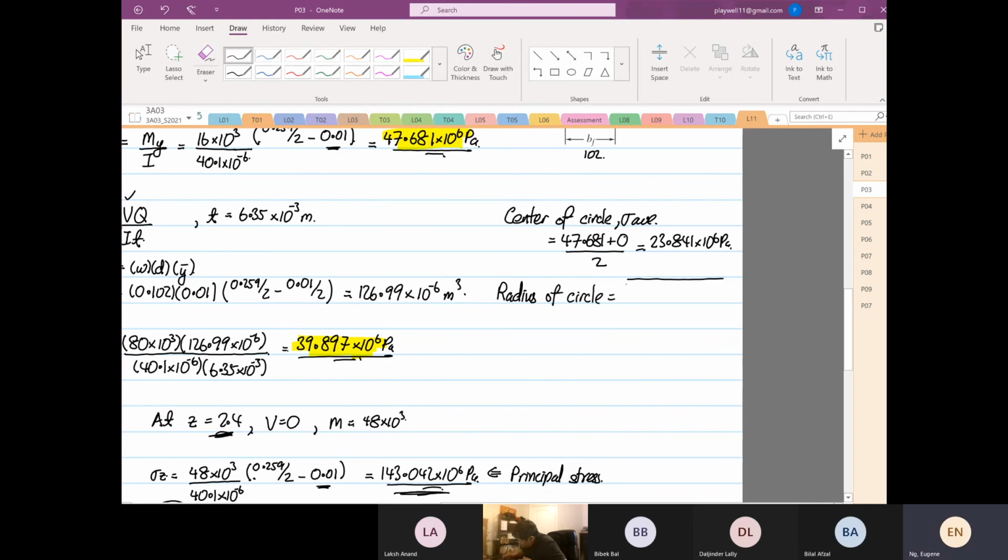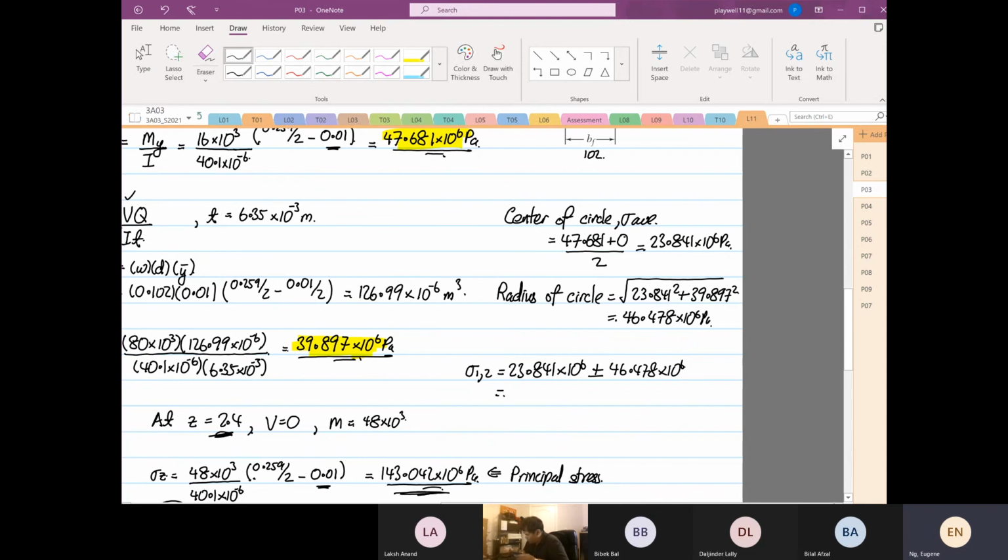I'm just going to do it directly: 23.841 squared plus 39.897 squared, square root, you get 46.478 times 10 to the power 6 Pascal. So stress 1 and 2 is equal to 23.841 times 10 to the power 6 plus or minus 46.478 times 10 to the power 6.